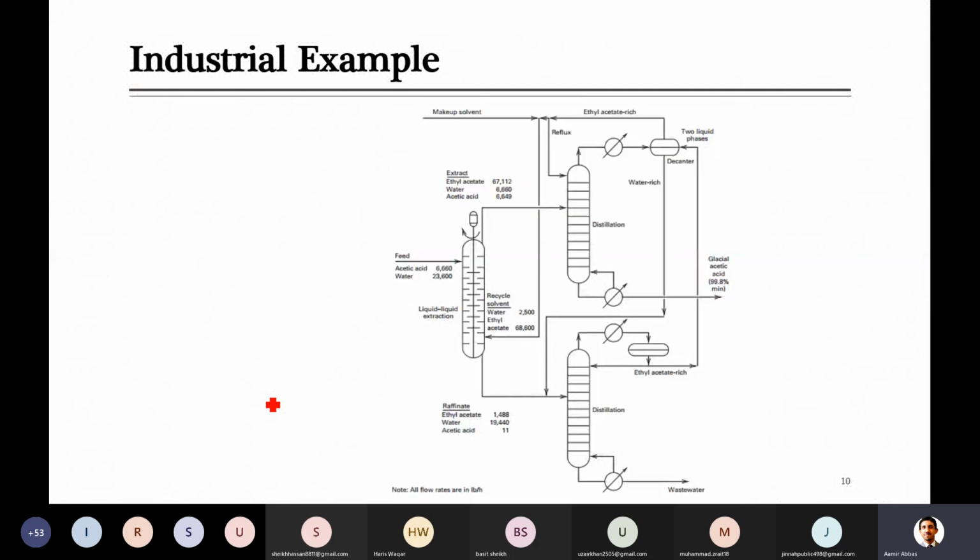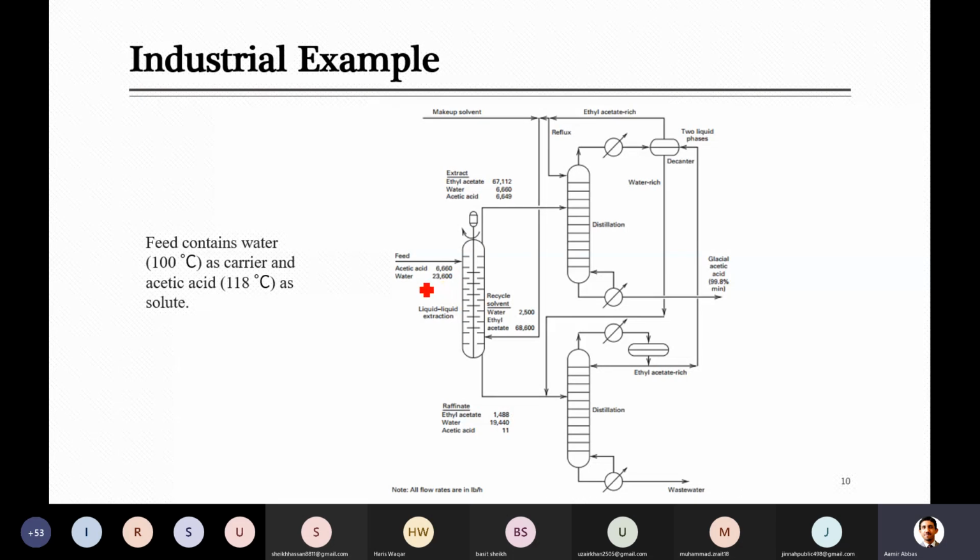Like in this flow diagram, you can see overall 3 columns, but the first column is the extraction column, LLE column, liquid extraction column. Inside this there is a mixture, and you bring in contact your feed along with the solvent.